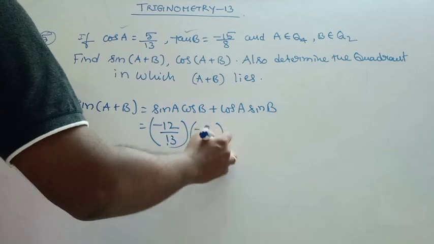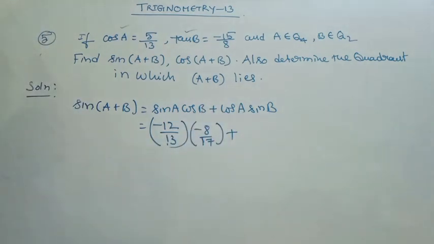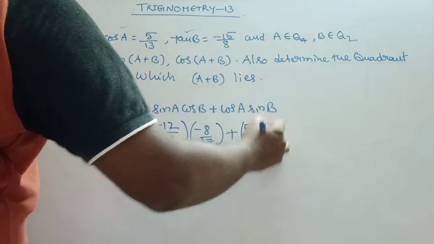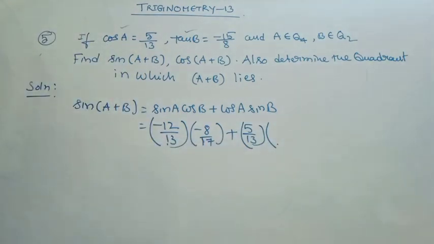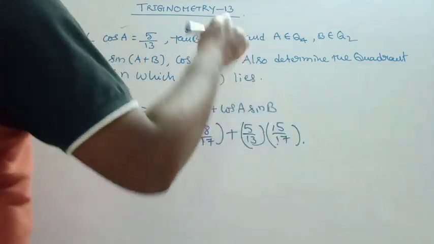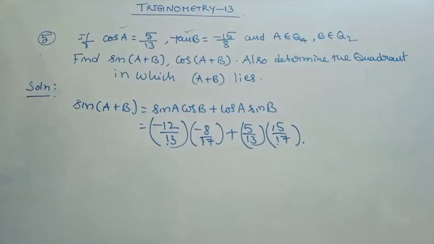Cos A is 5 by 13, because that lies in the fourth quadrant, and sin B is 15 by 17. Because B is in the second quadrant, it is positive.